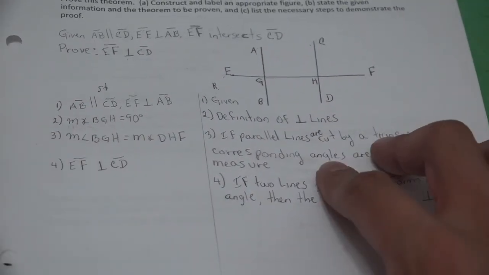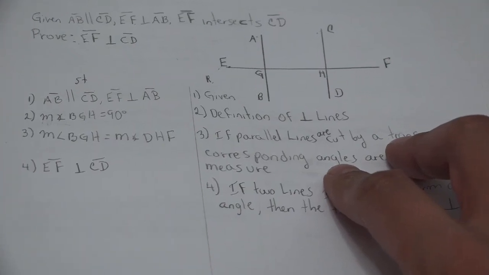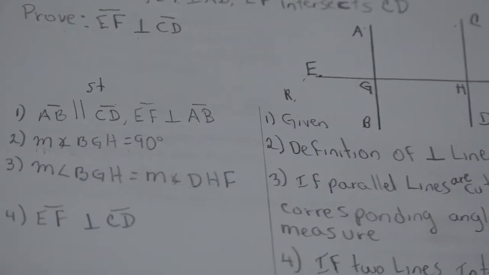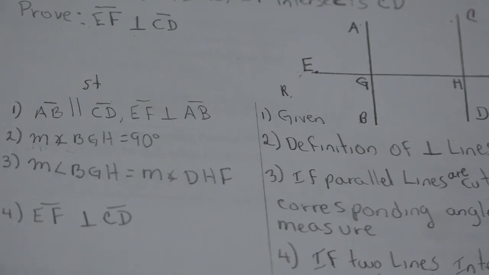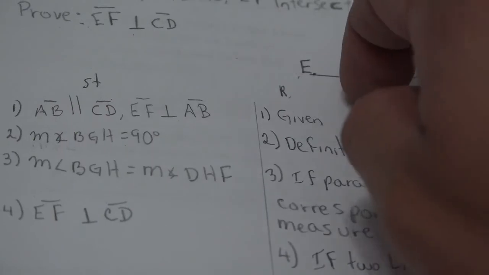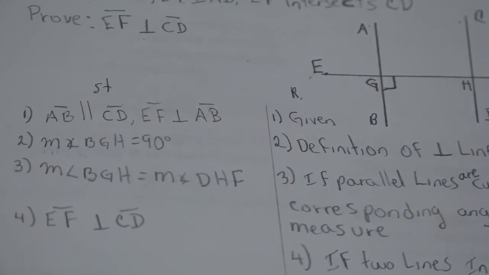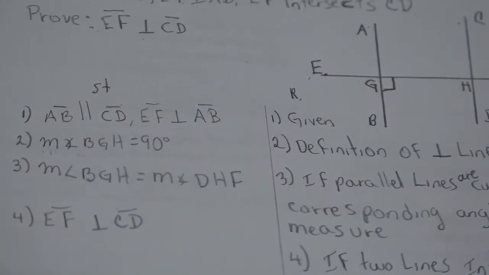Now, from that, what can I conclude? Well, let me just make this a lot bigger. Okay, so I can say that angle BGH measures 90. Yes? Okay.